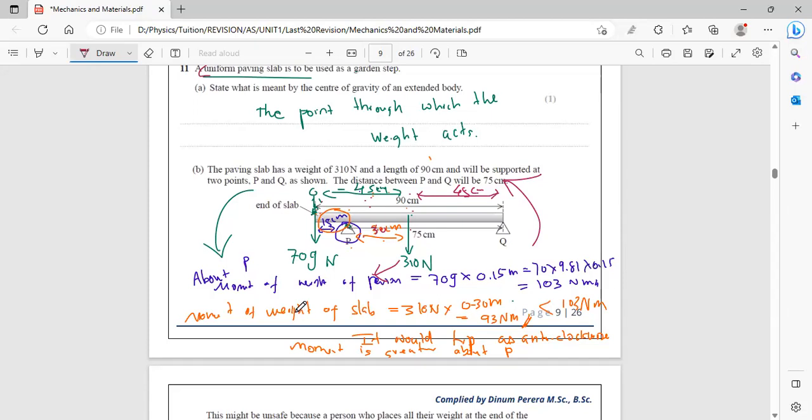And you can find the moment about P of the slab, 310 Newton, the weight of the slab. Moment of the weight of the slab is 310 into the distance from P to 310. That's 30 centimeters. That is 0.30 meters.